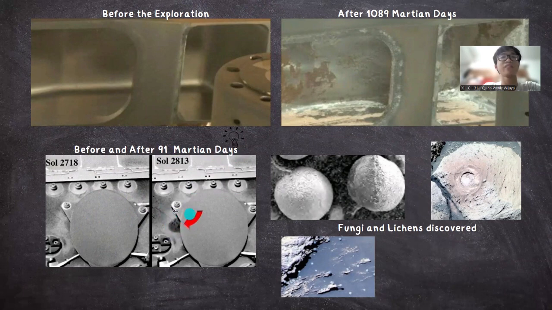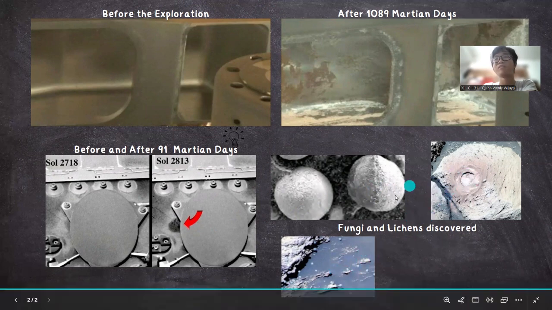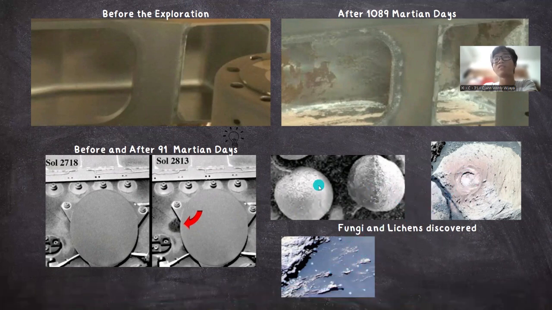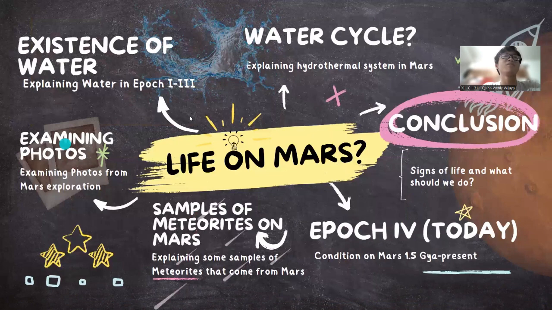As we can see in this area right here, there's a black dot that indicates a fungi or some bacteria that has grown on the Opportunity rover. There are some photos taken by the Opportunity and the Curiosity rovers that indicate some fungi, some bacteria, and some lichens seen in the photos taken from the rovers. So we'll move on to the samples of meteorites from Mars.